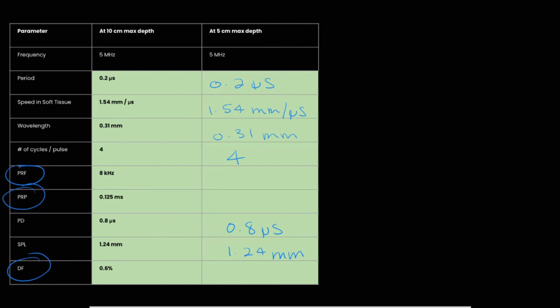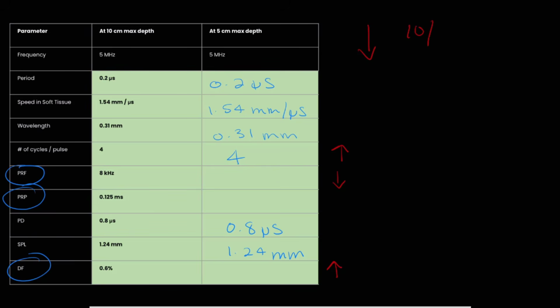Instead of going through the math on all of these, I'm going to show you another shortcut to finish out this chart. Remember that when we decrease our depth, we are going to see an increase in PRF, a decrease in pulse repetition period, and an increase in our duty factor. We have gone from 10 to 5 centimeters.